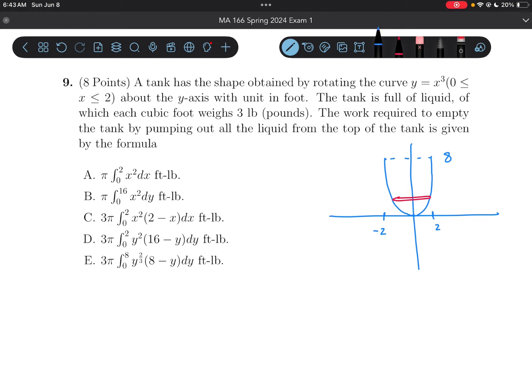Because the formula for work is force times distance. So basically, we need to consider each individual circular slice of water, and then multiply it by the height that that slice of water needs to be raised by.